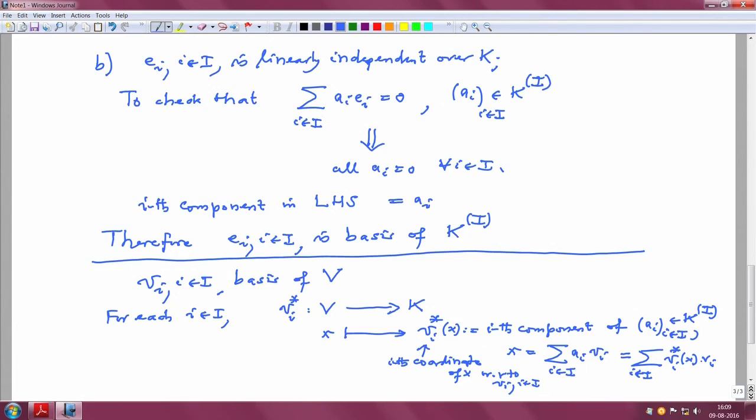Okay, so now in the above case, what are the coordinate functions with respect to the standard basis?